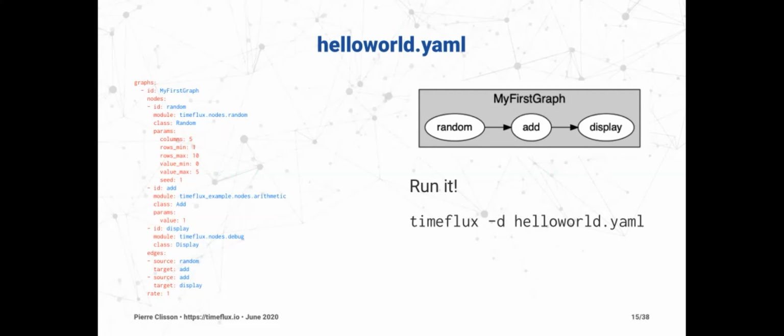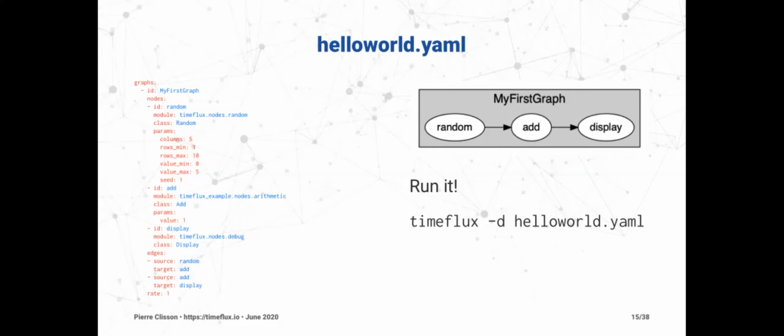So here you just have a random node that will generate some random data, and we say, okay, give me 5 columns, that is 5 channels, and each time you generate some data, there will be between 1 and 10 lines, and each value will be between 0 and 5.